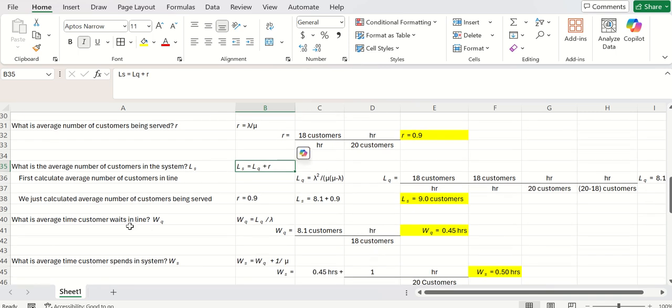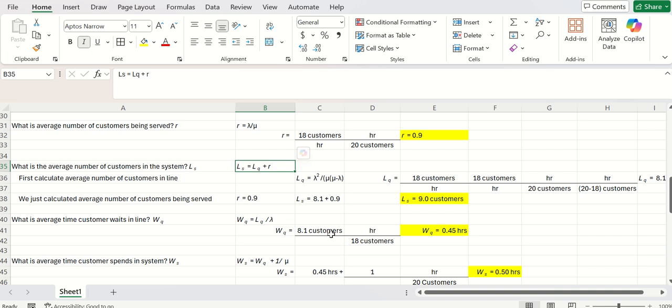All right, the average time that a customer waits in line, we can now calculate this. That is WQ, and the reason for the Q there is we often refer to a line as a queue, so they use the sub Q. So WQ equals L sub Q divided by lambda. We've already calculated the L sub Q, which is 8.1 customers.